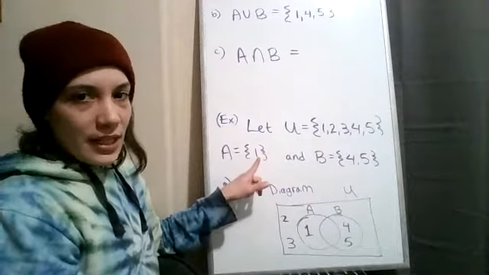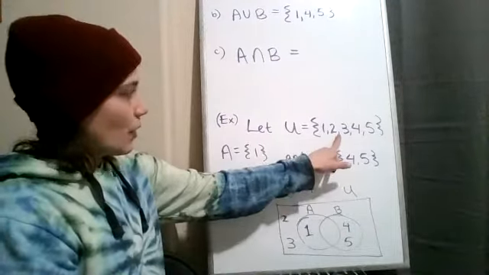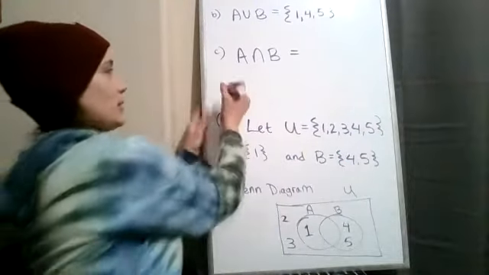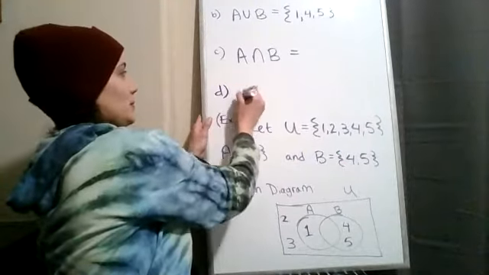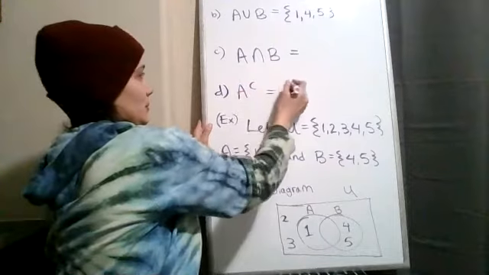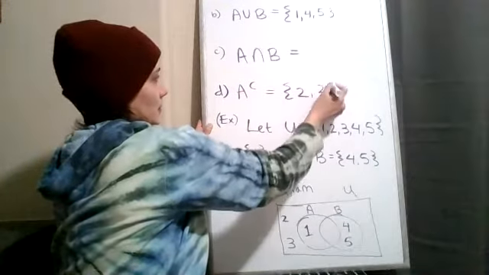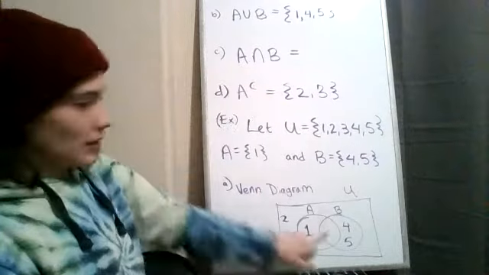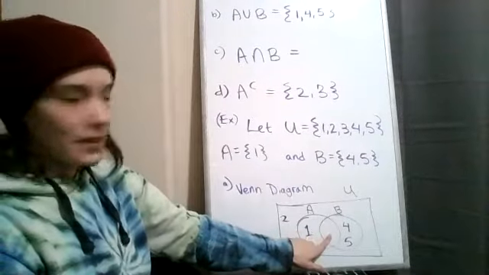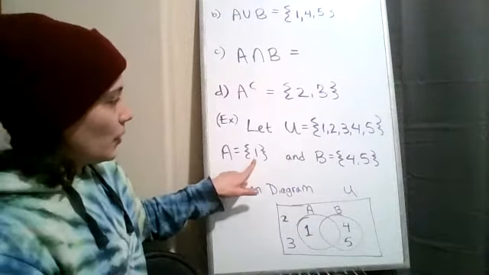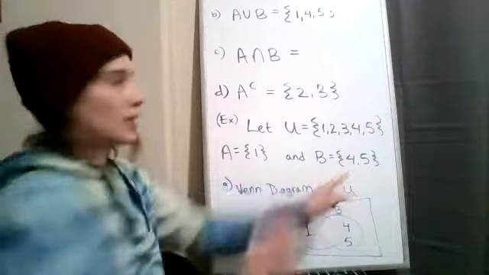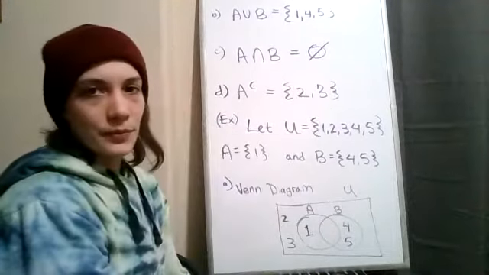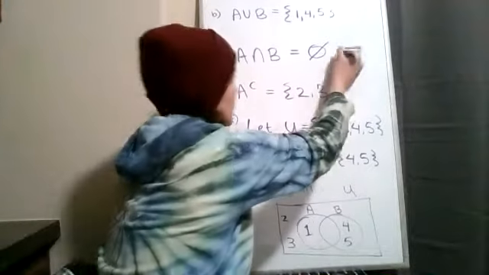So, 2 and 3. Oh, actually, that would be the complement of A, which I'm going to write down. But empty bracket. A intersect B is actually empty. There's nothing in common with either of the sets. So we're going to put this simple. Or you can write it like this.